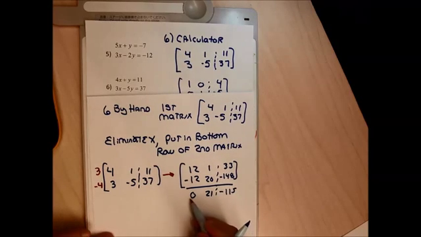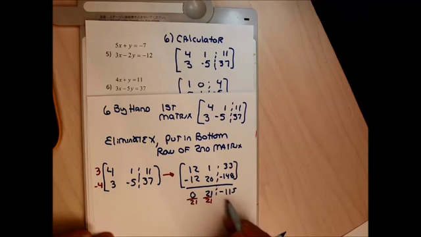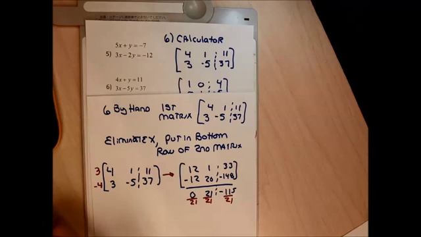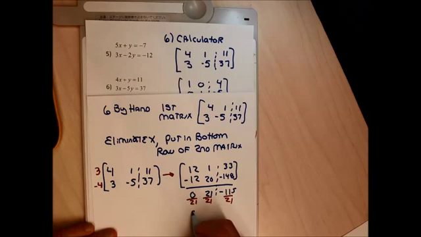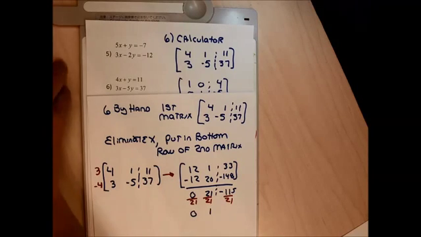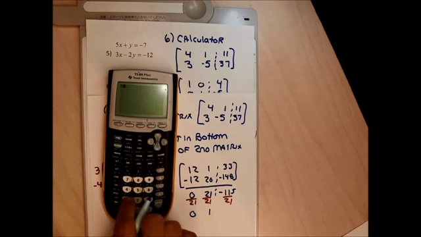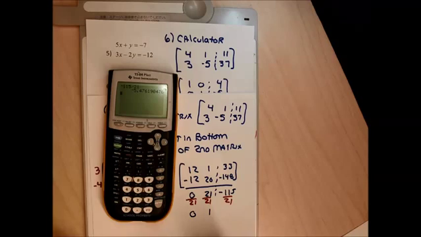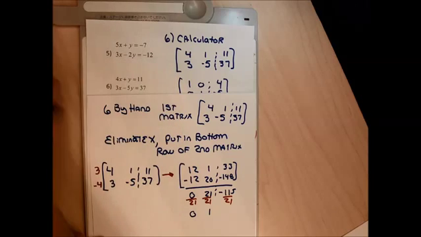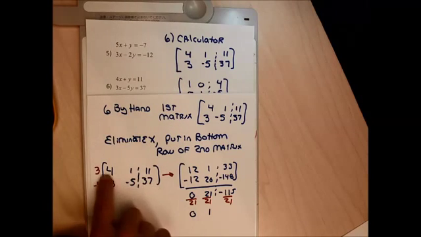Evidently, I can divide all these by 21. Let me try to divide it by 21, divide it by 21, divide it by 21. This is going to give me 0, 1, and then when I do negative 115 divided by 21, hey, that means I have a math error here, huh? 3 times negative 4, 1, 11 times 3, 12.